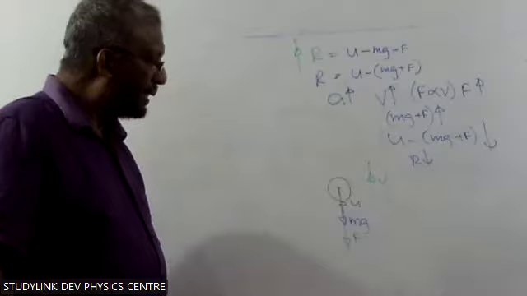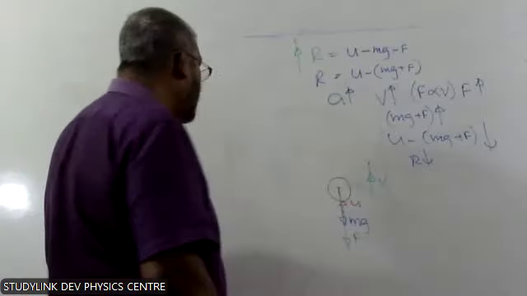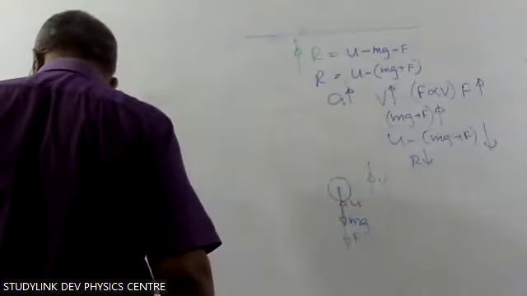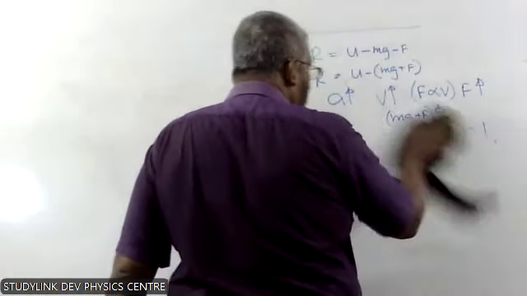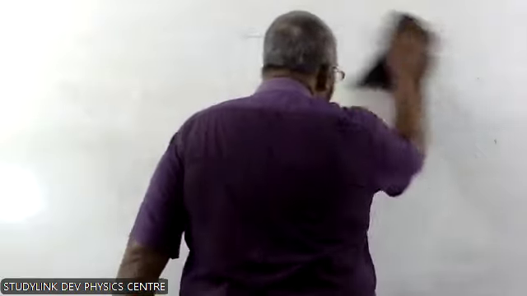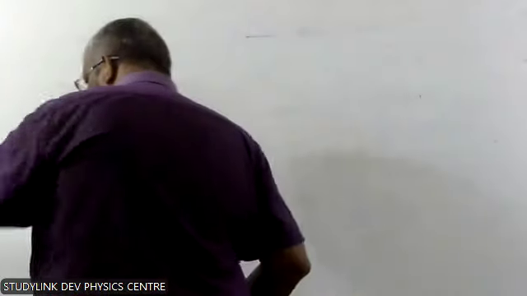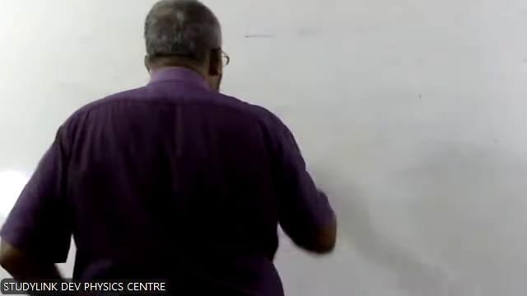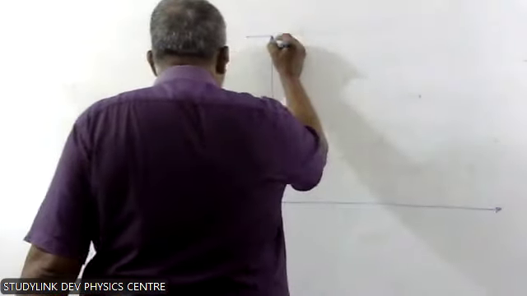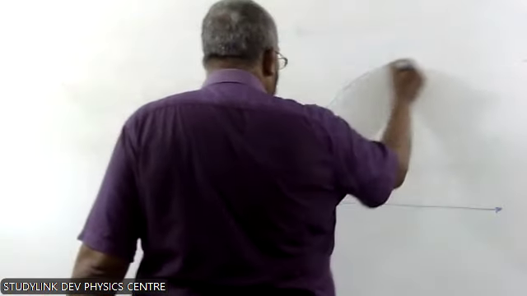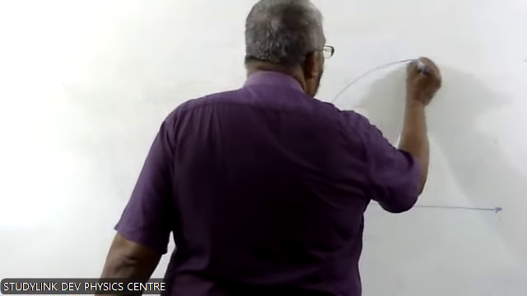Even when the sphere is moving upwards, when you plot a velocity-time graph, the shape is the same as the earlier one. So you draw the same one like that, and it is parallel after this.